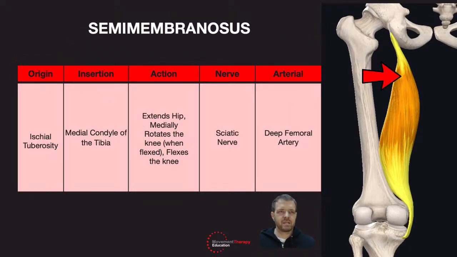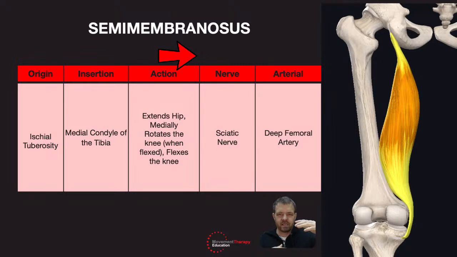So we've got four hamstring muscles on the back. One is split into two, so there's a long head and a short head. This one is just one big muscle. And if we break down the name, we've got semimembranosus, so it's half membrane.